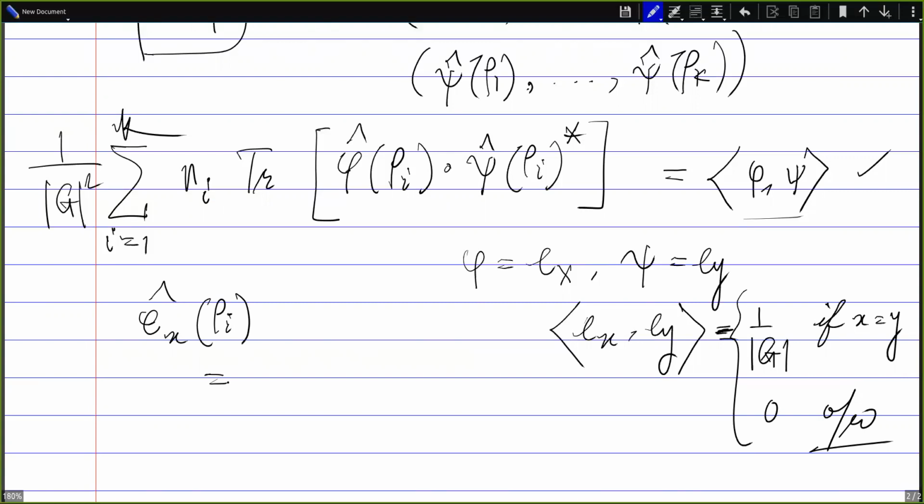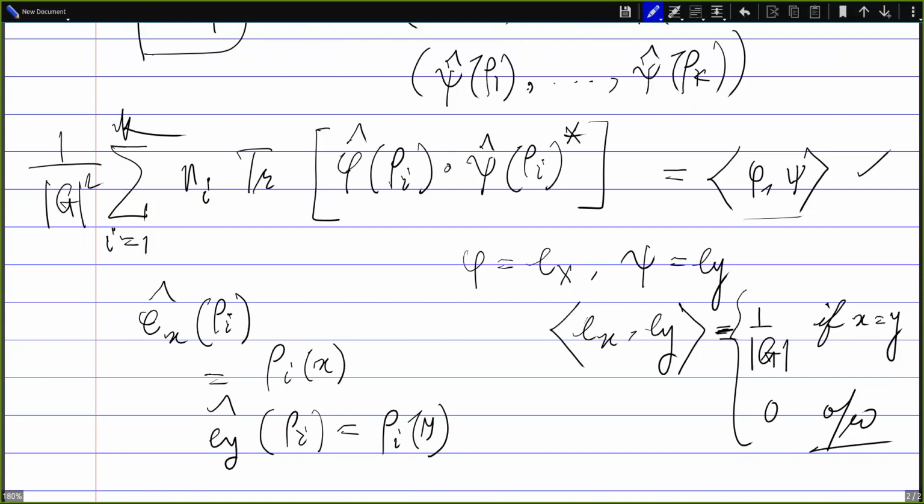So this is precisely rho_i(x). Similarly, e_y hat of rho_i is precisely rho_i(y).